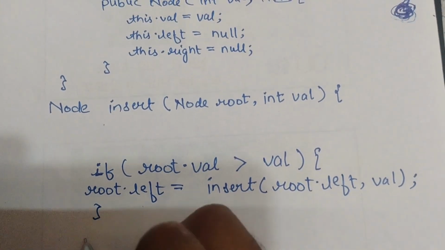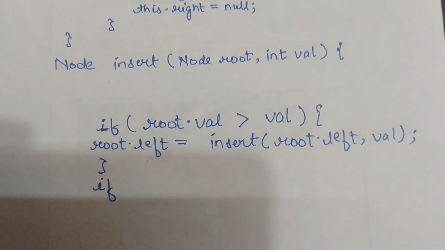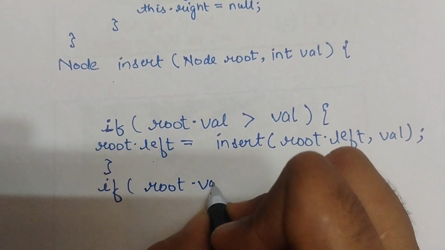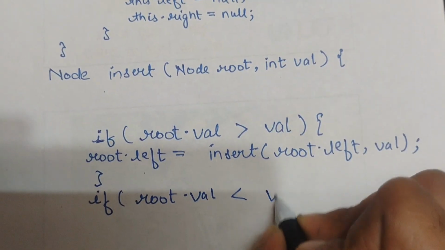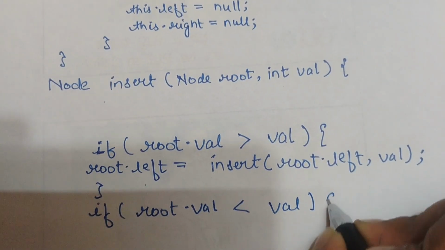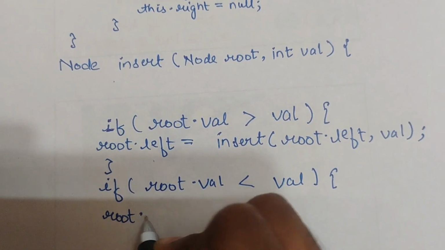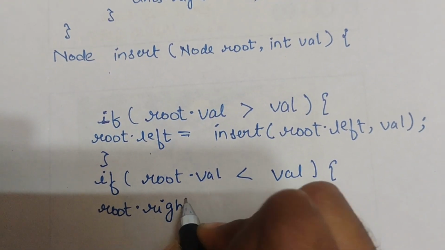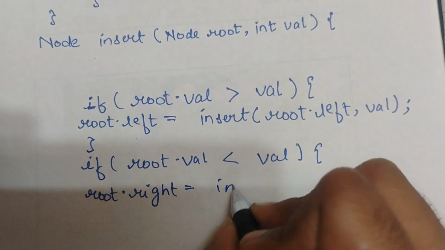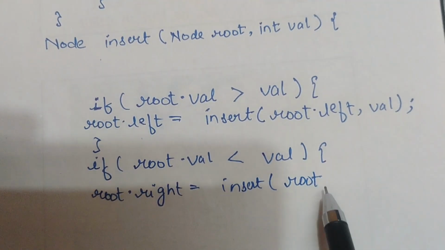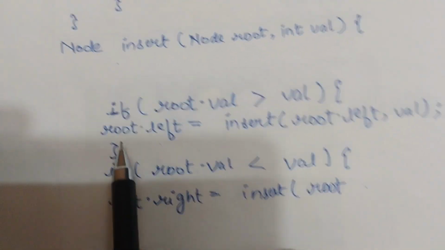Now the other condition: if root dot val is less than the val, then I will go to the right. Root dot right equals, I will again call this insert function, and I will pass root dot right, comma val.